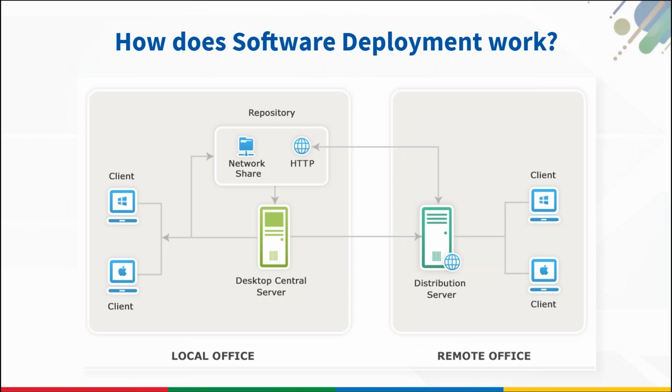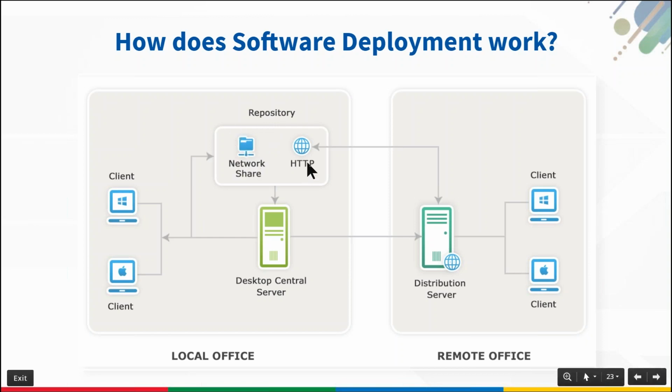Now let's take a look at how software deployment works. As discussed before, we have over 4,500 predefined application templates. You can choose any software from these templates to create a package. When you create a package, the software binaries get downloaded and are stored in the software repository. We have two kinds of repository.